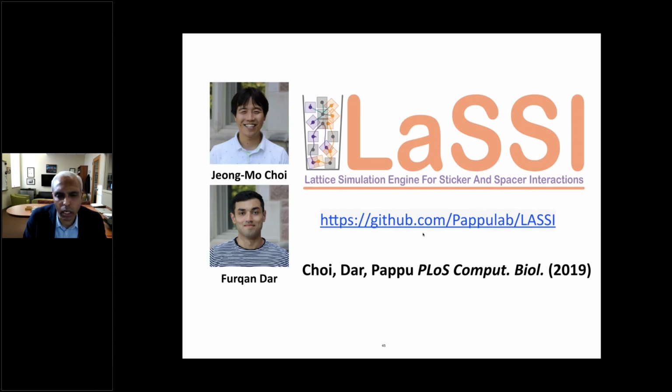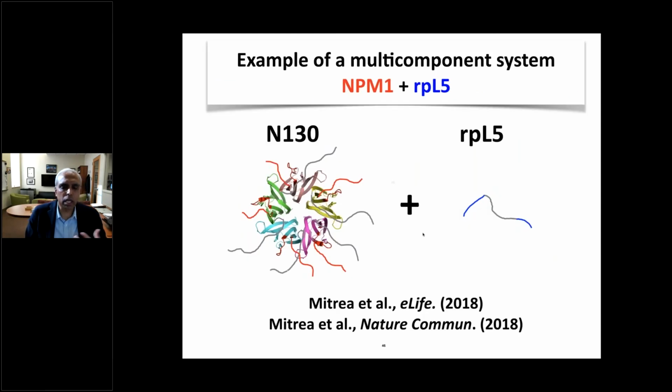But what I will do here is show you a very important generalization of the concept of saturation concentrations that we'll have to think about going forward with regard to multi-component systems. I'll take a very stylized system, namely nucleophosmin 1, which forms the outer layer of nucleoli, perhaps one of the more important scaffolding proteins in the nucleolus, that interacts with various arginine-rich peptides.